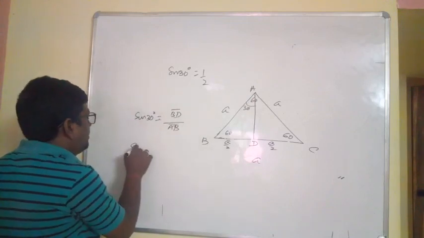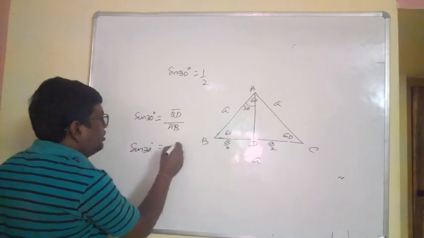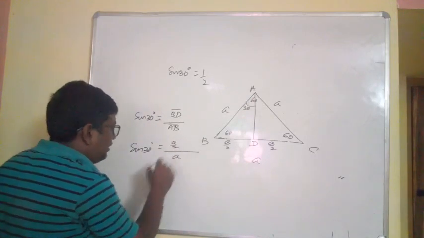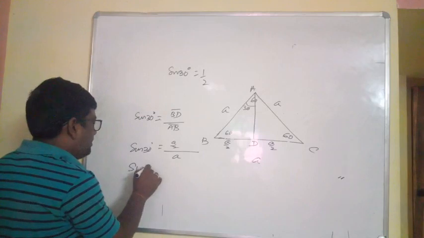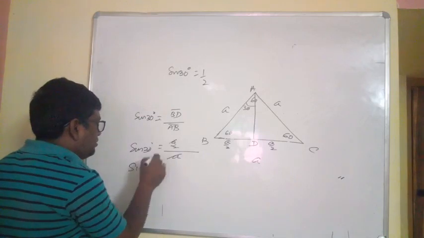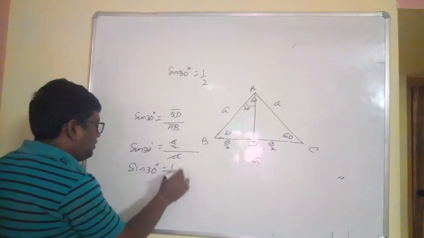So sine 30 degree is equal to BD by AB, that is A by 2 by A. A cancels, so sine 30 degree is equal to 1 by 2.